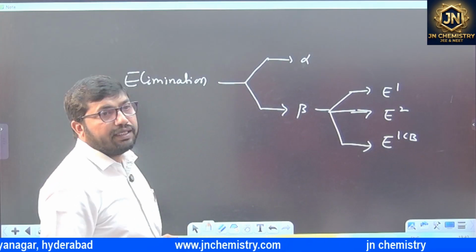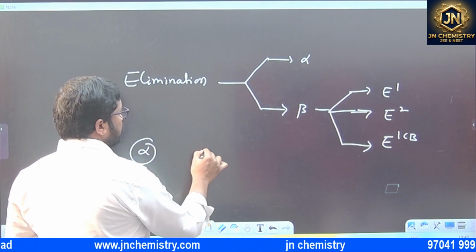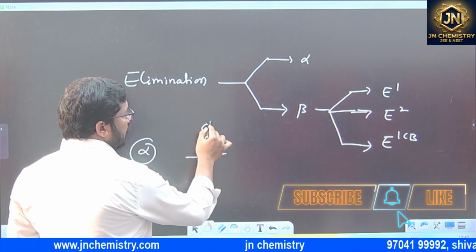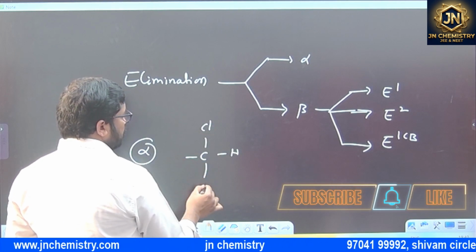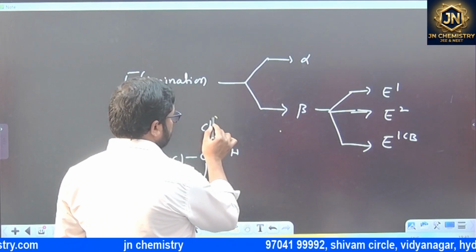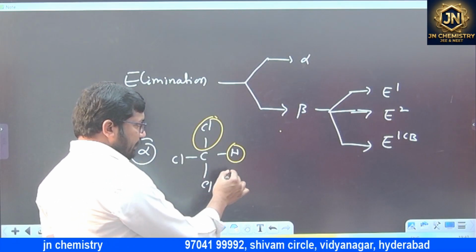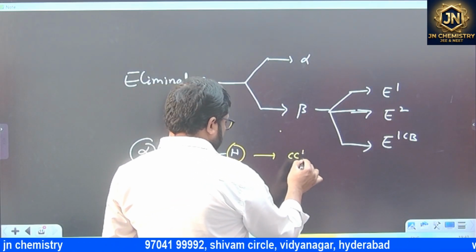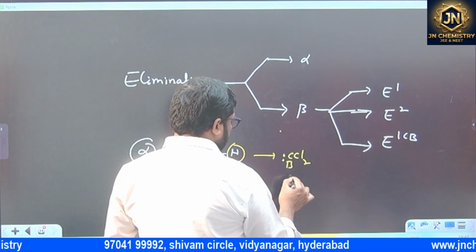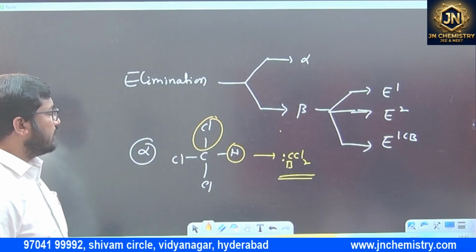What is alpha elimination? Alpha elimination means eliminating two atoms or groups from the same carbon. For example, chloroform: here is the Cl minus and H plus, and we are removing them from the same carbon. Dichlorocarbene we will get.